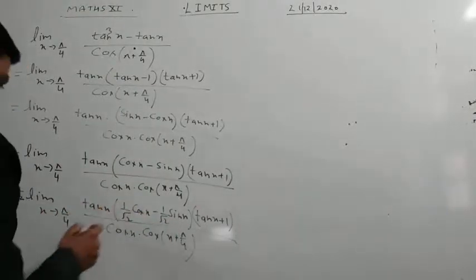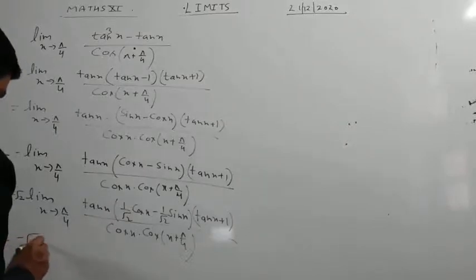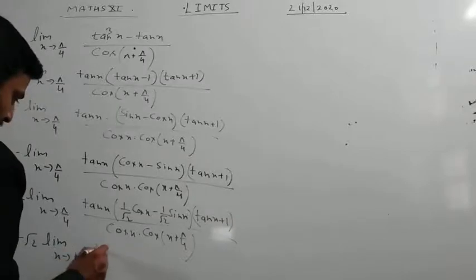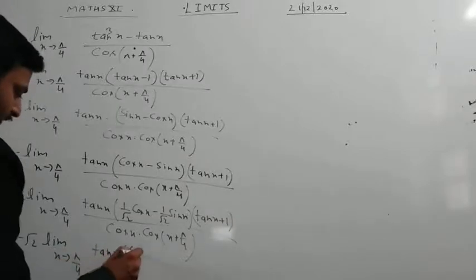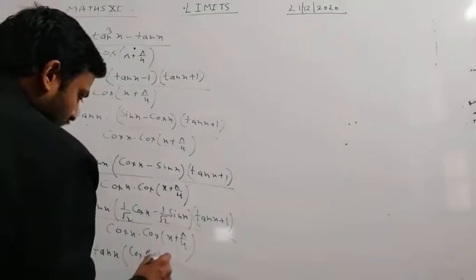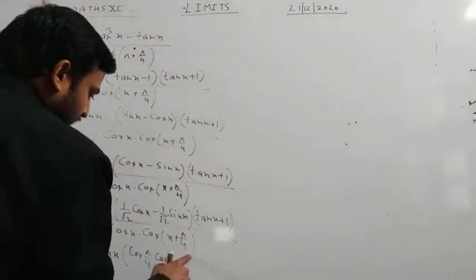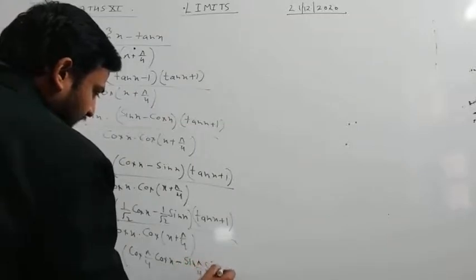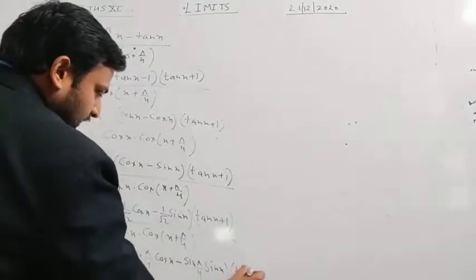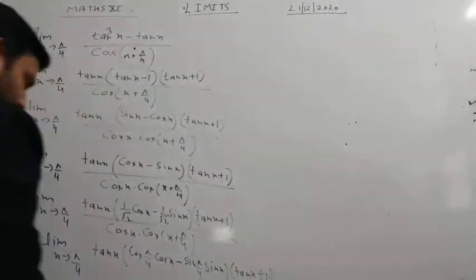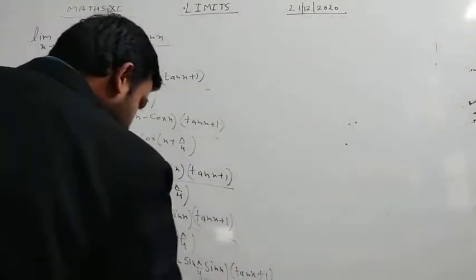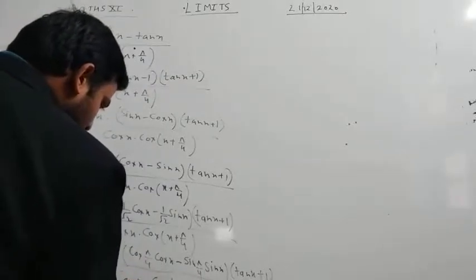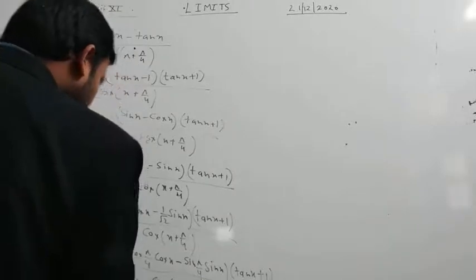So student, this is minus root 2, limit x tends to pi by 4 of tan x (cos pi by 4 cos x minus sin pi by 4 sin x)(tan x plus 1) by cos x cos (x plus pi by 4).